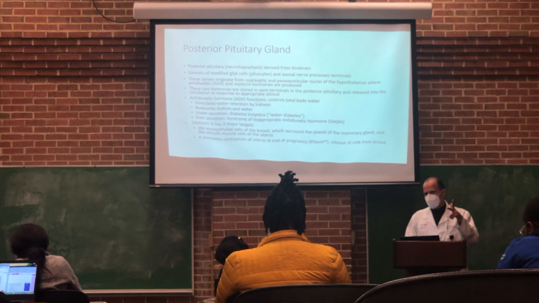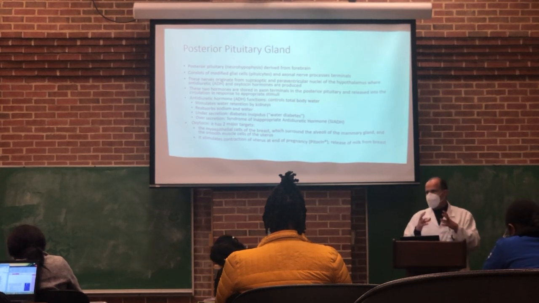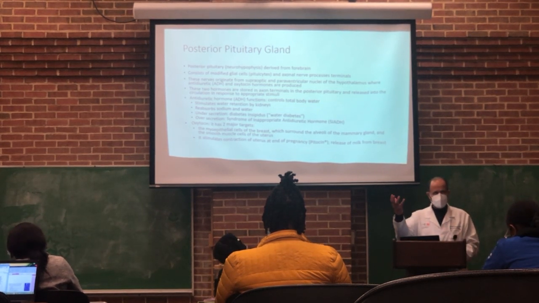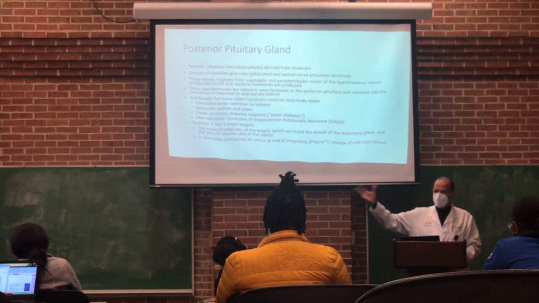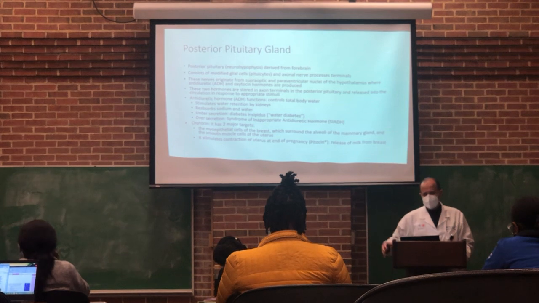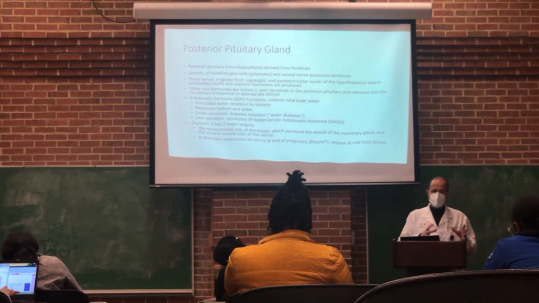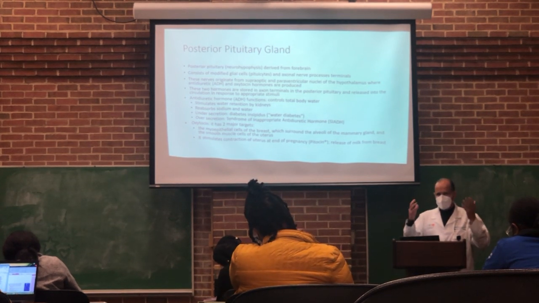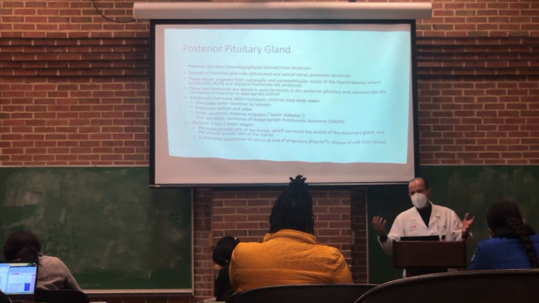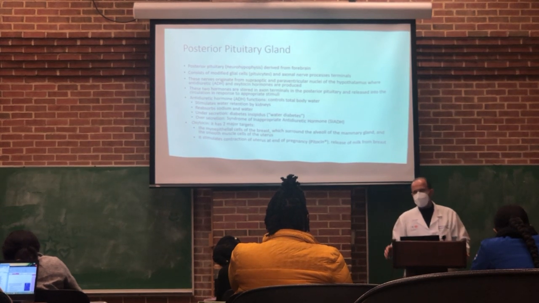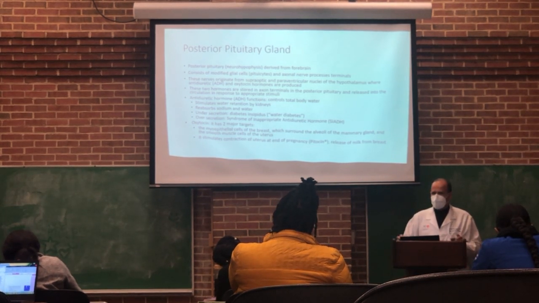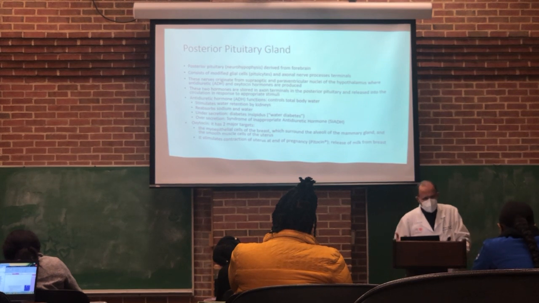And there are two hormones for the posterior pituitary. These are ADH and oxytocin. What is the target organ for ADH? The collecting tubules in the kidney, and the idea is to retain water. So if there is no ADH, suppose that somebody has trauma to the brain, with damage to the posterior pituitary, what condition will result?